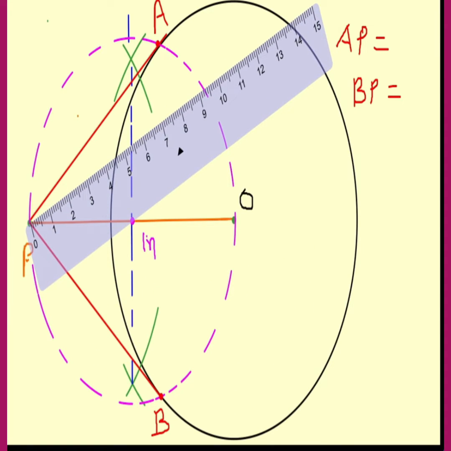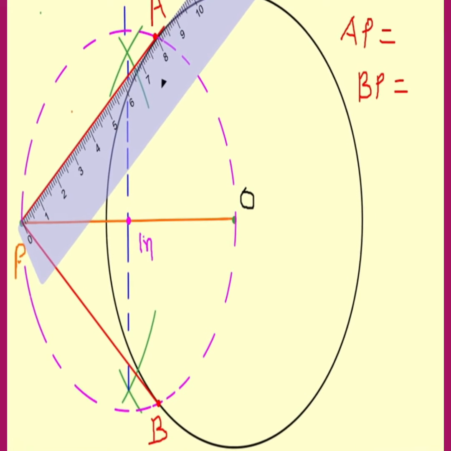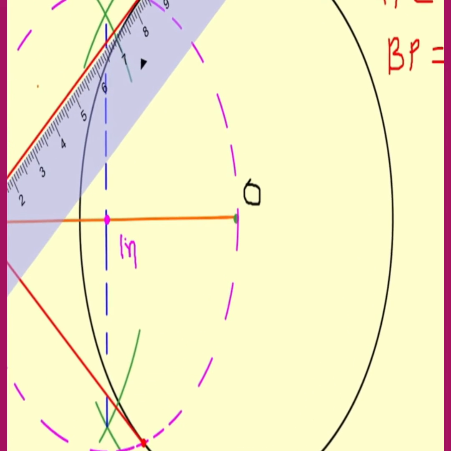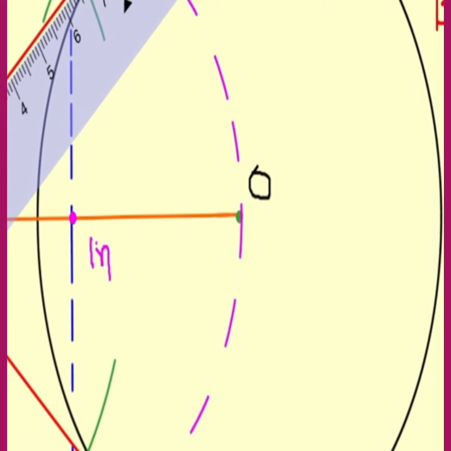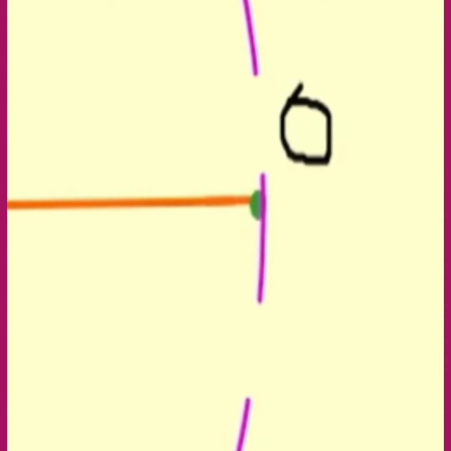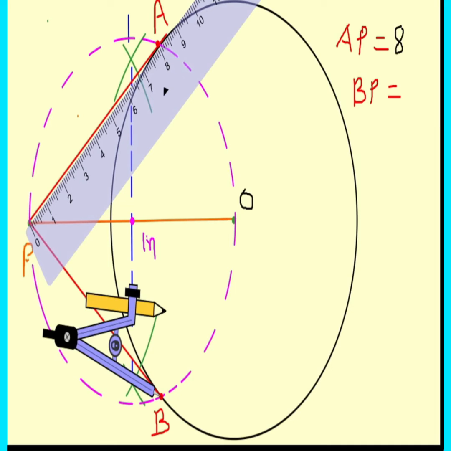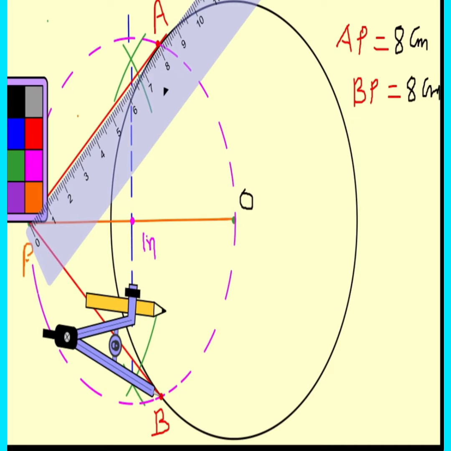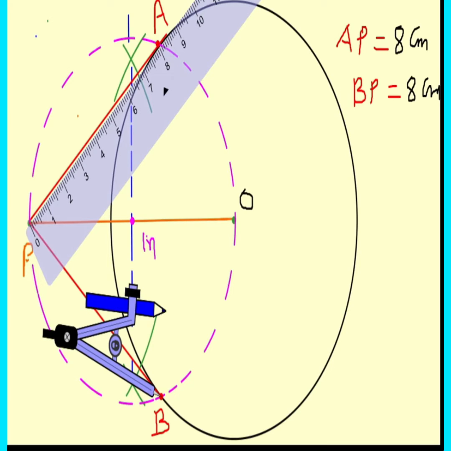You can see that AP is also exactly 8 centimeter. So you will write here 8 centimeter. So both tangents are equal, and you can write that here AP equal to BP.